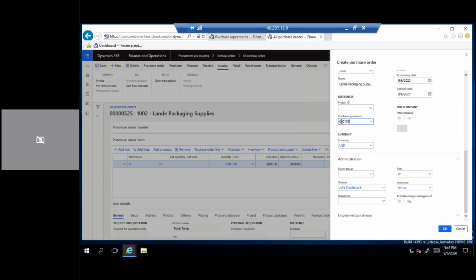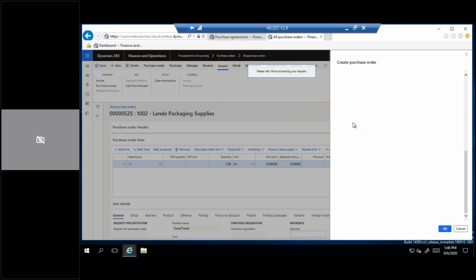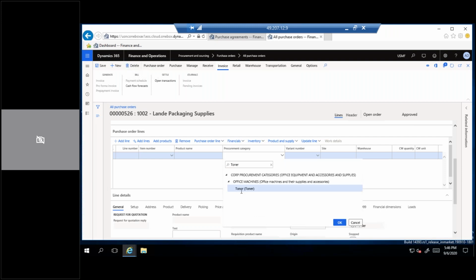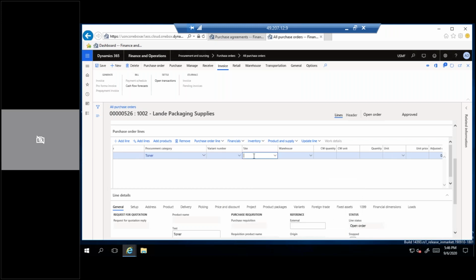Now if you select purchase agreement, I have selected purchase agreement here. Then if you select the toner, automatically it will be captured. Look at this one. I'm selecting site and warehouse. At this point, there is no amount.